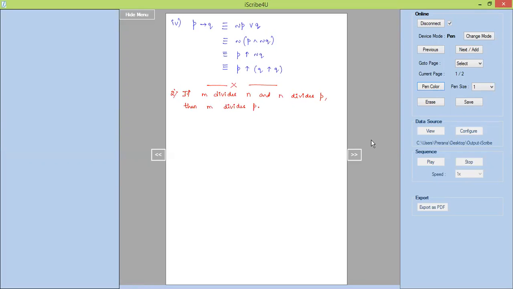The question is to write the converse, inverse and contrapositive for the given statement.